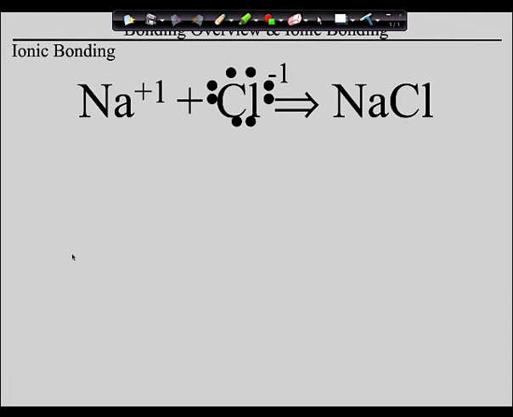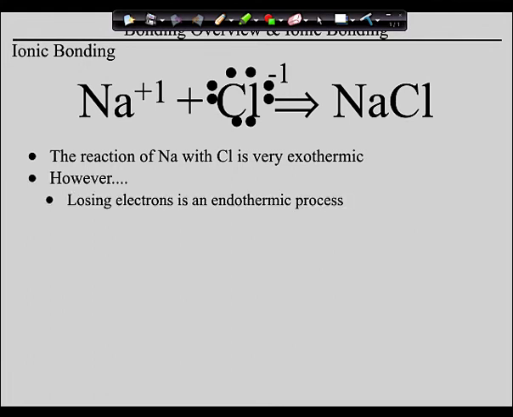Here's why. Guys, we all understand that this reaction is in fact exothermic, and you don't get to argue that anymore because you all said you agreed. Now, the problem is this. We understand that losing electrons is an endothermic process. Again, to make sure you're clear, how much energy goes in to lose the electron? Ionization energy. Now, the gaining of this electron is an exothermic process.